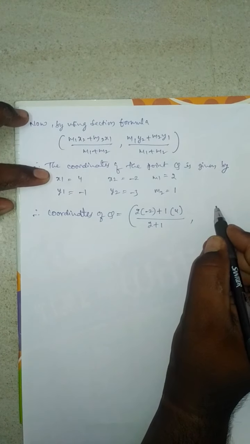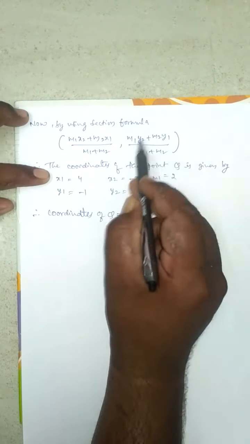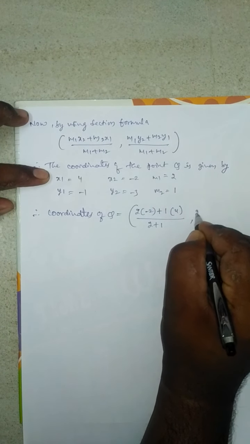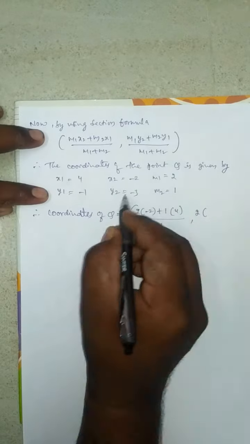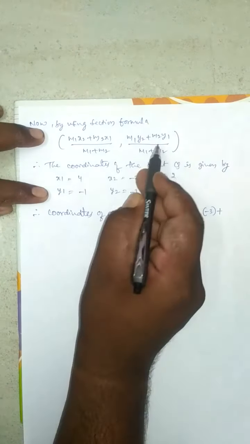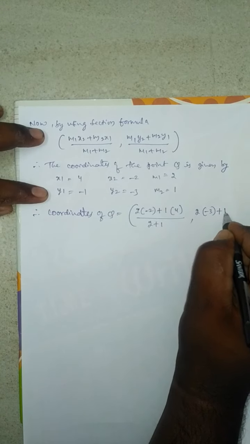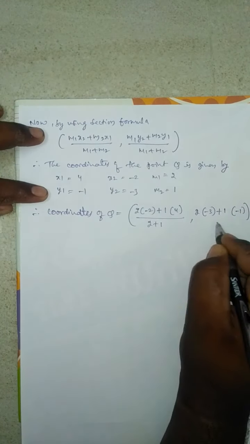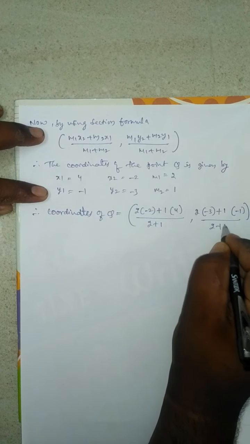Now we substitute values in the second part. m1 value is 2 into y2 value minus 3 plus m2 value 1 into y1 value minus 1, divided by 2 plus 1.